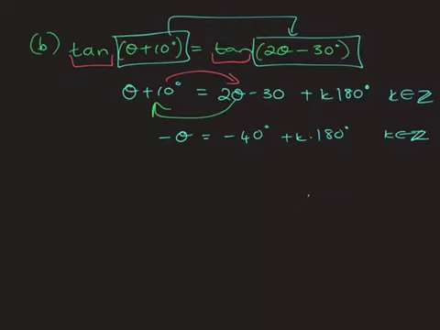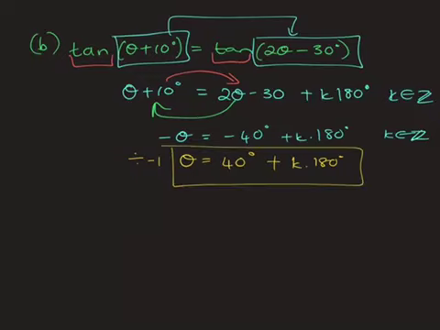Okay, so in this case, we are going to be dividing everything by negative 1 to make that theta positive. That's going to become 40. So we're dividing 180 by 1. We leave our k as positive because, again, we can substitute a negative or positive into it. So the nature of the k does not change. And that's our general solution.